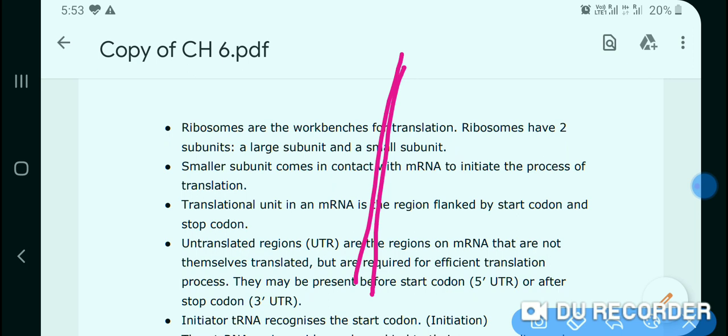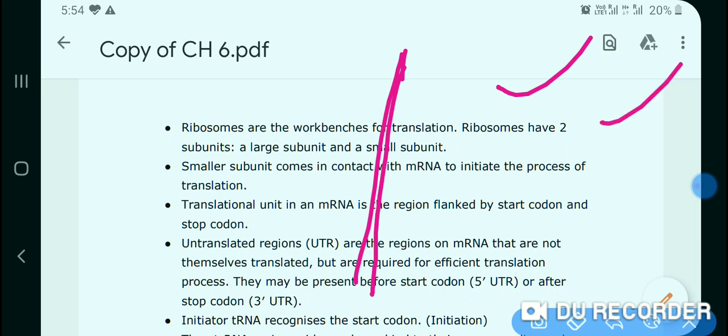So the transcription and translation both take place in the cytoplasm. Sometimes translation begins before the completion of the transcription, but in eukaryotes transcription takes place in the nucleus while translation takes place in cytoplasm.